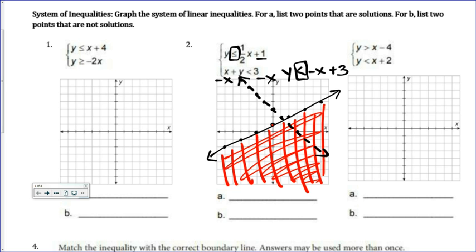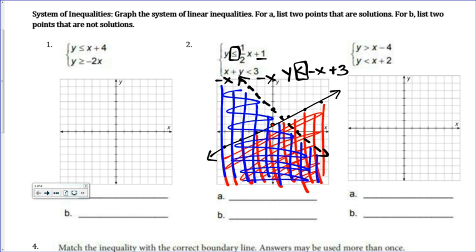Okay, and we need to decide which direction we are going to shade. Since all of my values for y need to be less than everything on the right side of my equation, I'm going to go to the y-intercept and I'm going to shade below. Then all of my solutions would fall anywhere that is shaded red and blue.